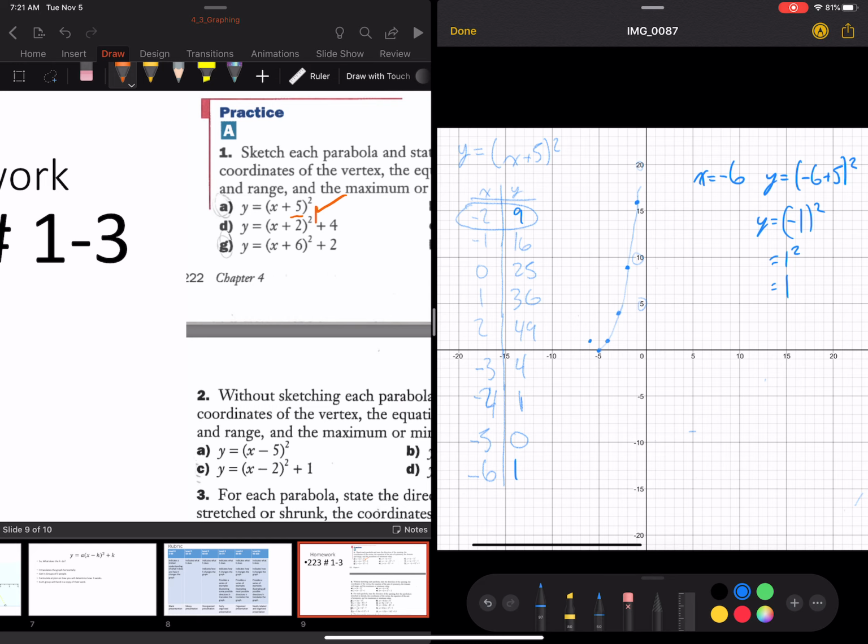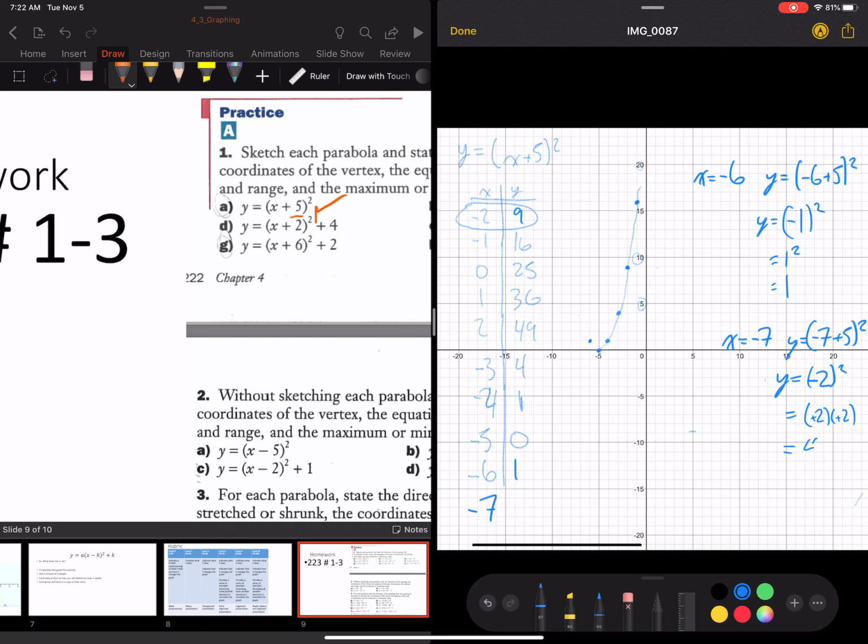Looks like it's starting to become symmetric. Let's try one more. Minus 7. When x equals minus 7, y equals minus 7 plus 5 squared, which is minus 2 squared. That's minus 2 times minus 2. What's minus times minus? Plus.